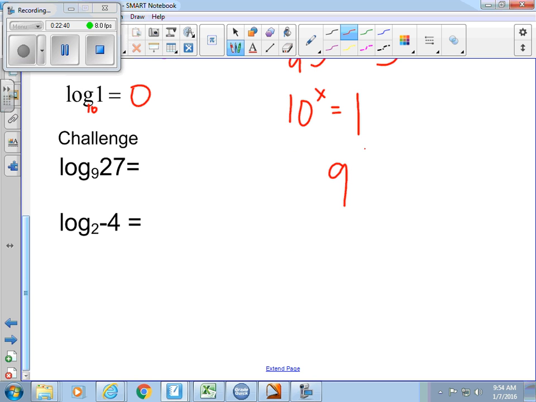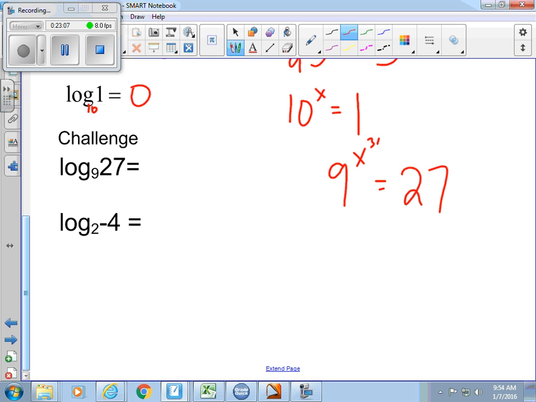9 to what power is 27? Okay, so calculator, did the calculator tell you that, or did you figure it out? Okay, 1.5. How? What's 1.5 as a fraction? What's the fraction equivalent of 1.5? 3 over 2, right?